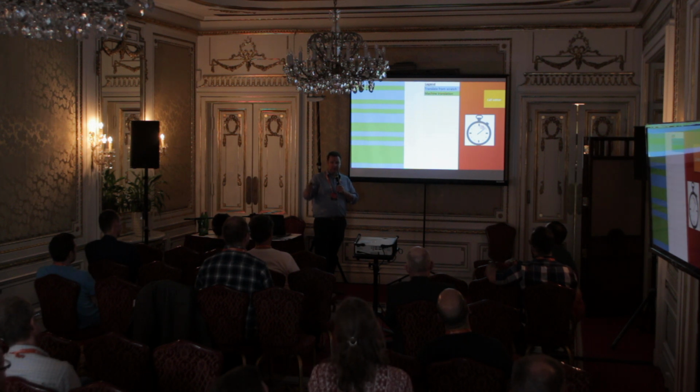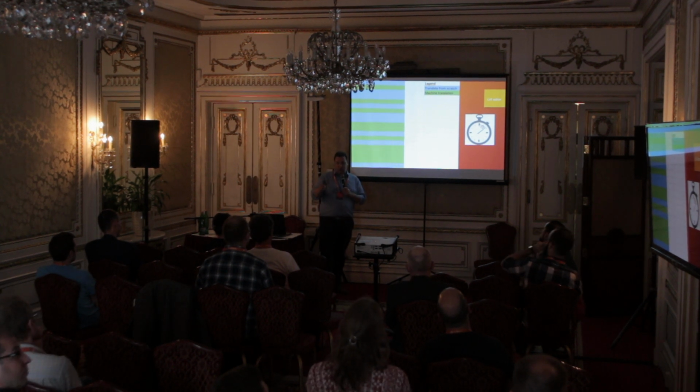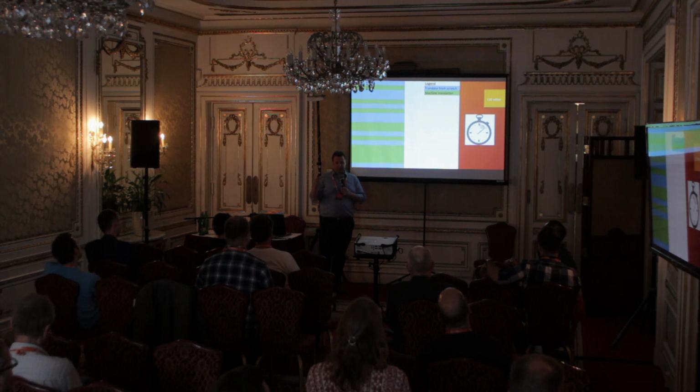So far so good? I see everybody nodding their heads, so it must be clear. When you go into the segment, a timer starts. And when you leave the segment, a timer stops. And when you return to the segment, the timer starts again. Okay? We call those segment sessions. So far so clear? Okay.